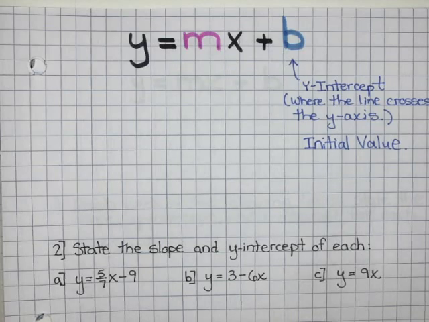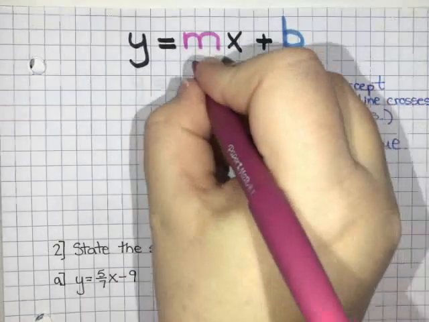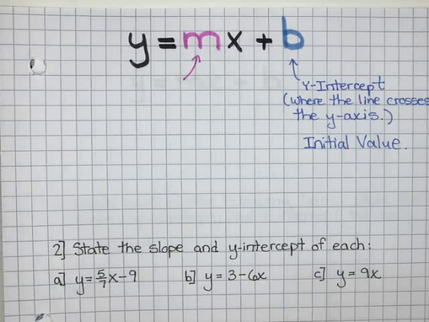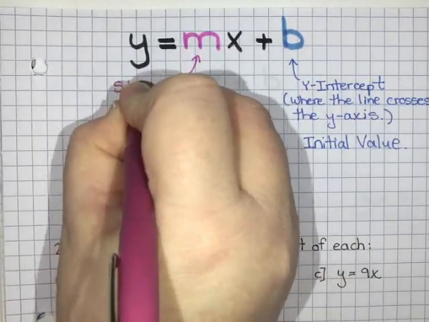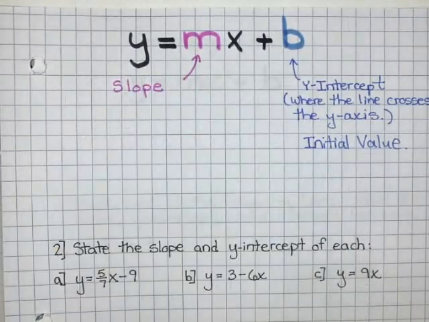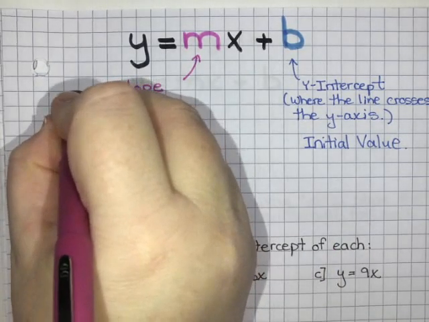Okay, now the M. The M, when we looked at our investigation, was the roadmap for how we would get from one point to the next. And this is called the slope. The slope tells me how to get to the next point.